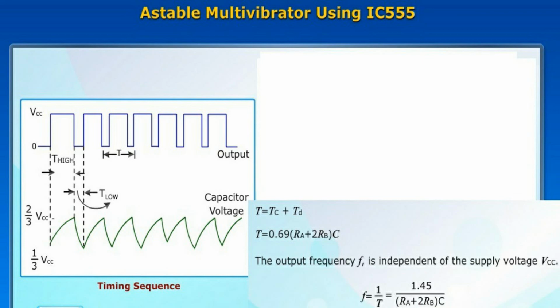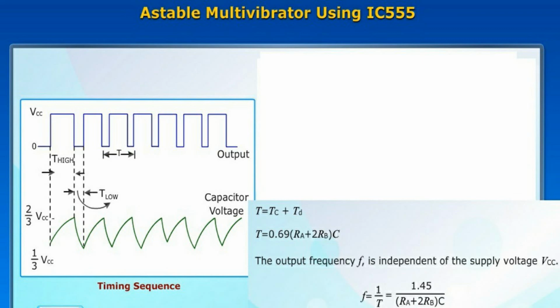When the transistor is on, in such a condition, the capacitor starts discharging through the path RB, transistor Q1 and ground from the voltage 2/3 VCC to 1/3 VCC. In this case, the output goes to low. This process is repeated. Hence, the astable multivibrator generates the rectangular waveform.